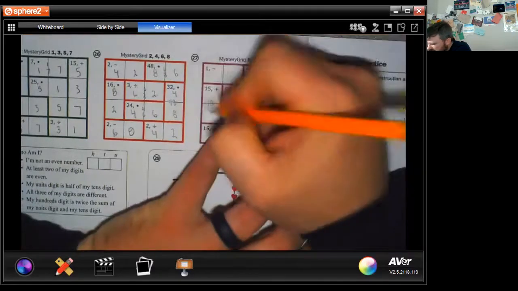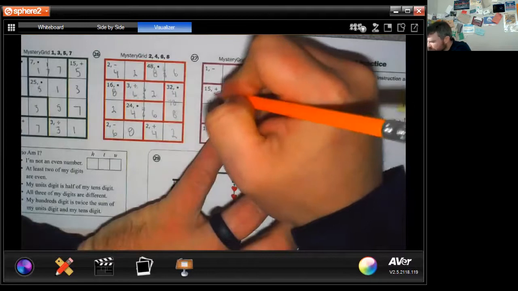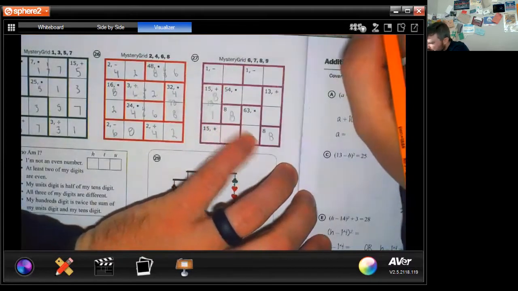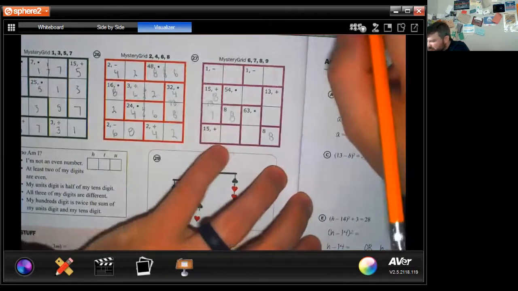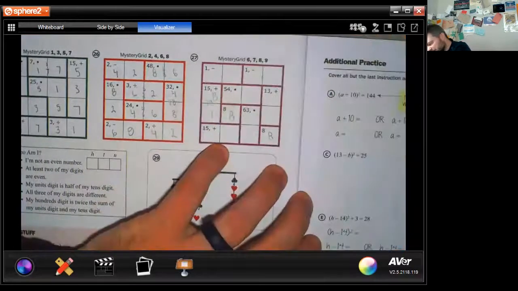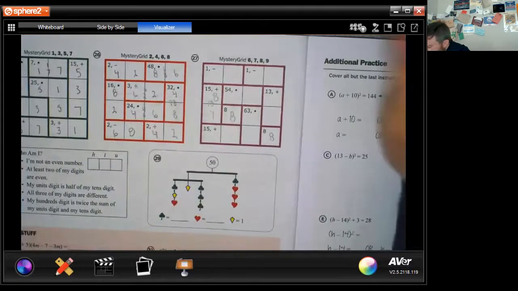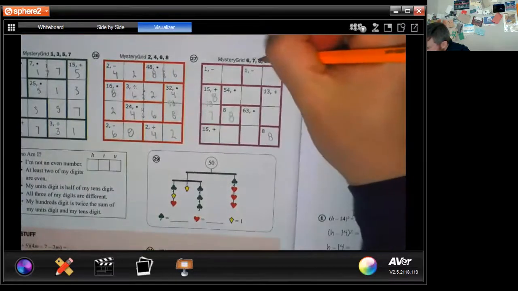This already has an 8, so 7, 8. We add to get 15 here. Could also be 7, 8, or 9, 6.